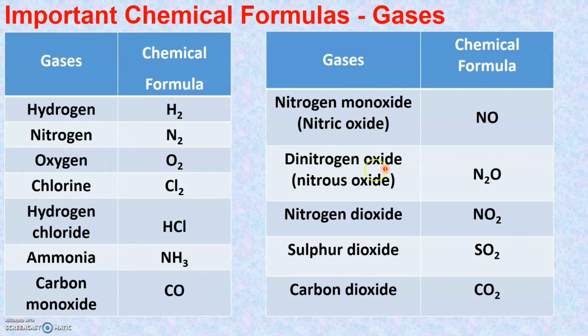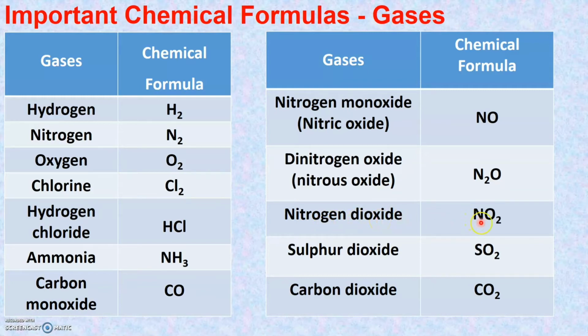Dinitrogen oxide, which means 2 atoms of nitrogen are present. Di is otherwise called as 2. So here 2 atoms of nitrogen N2 and 1 atom of oxygen O. So the chemical formula is N2O. N2O is otherwise known as nitrous oxide. Nitrogen dioxide, again 1 atom of nitrogen and 2 atoms of oxygen.